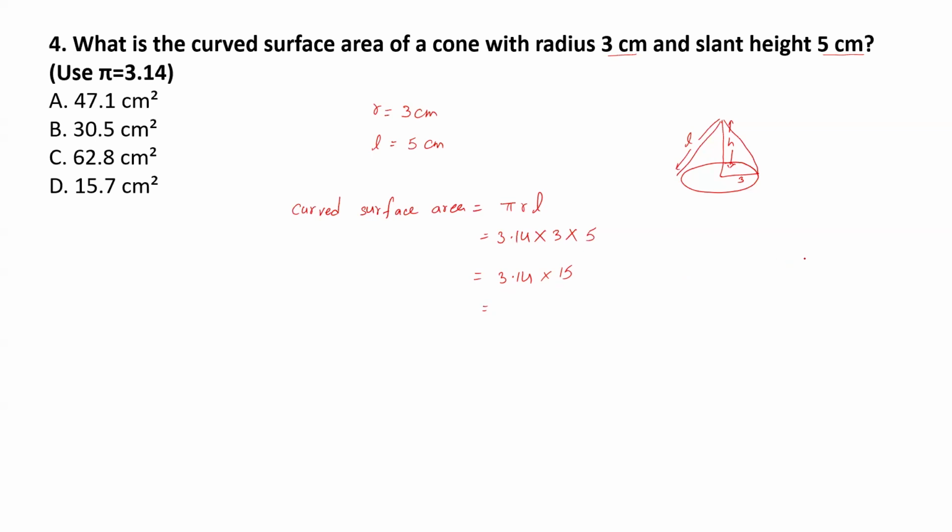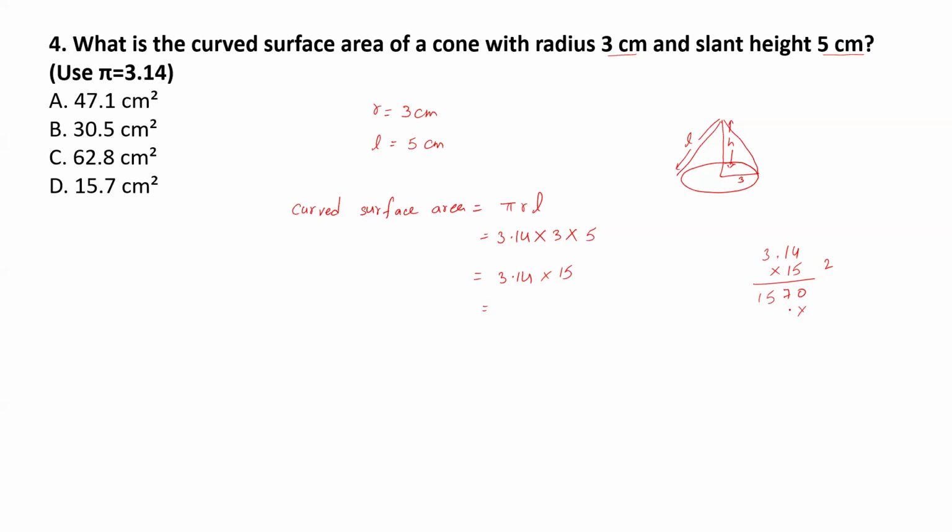Let's see. 3.14 into 5. So 5 se we will do multiplication. 5 into 4 is 20, 5 into 1 is 5 plus 2 is 7, 5 into 3 is 15.